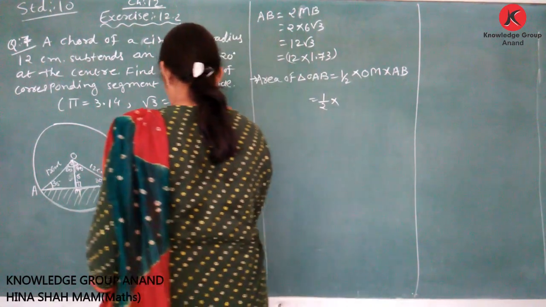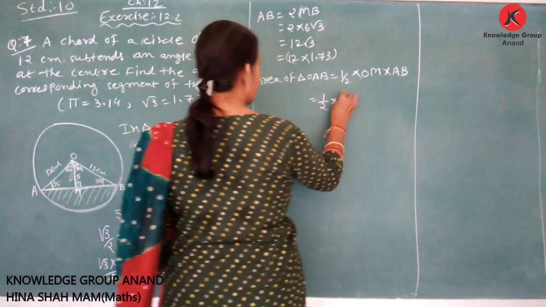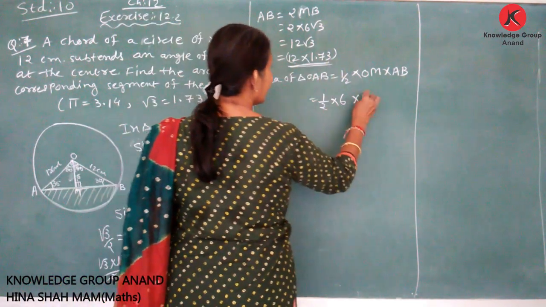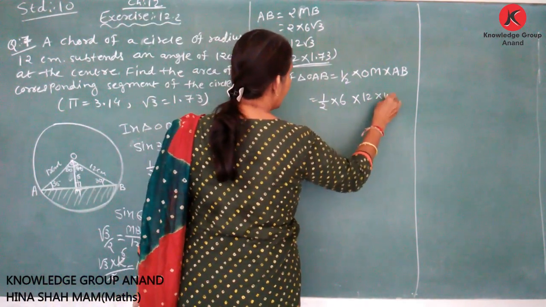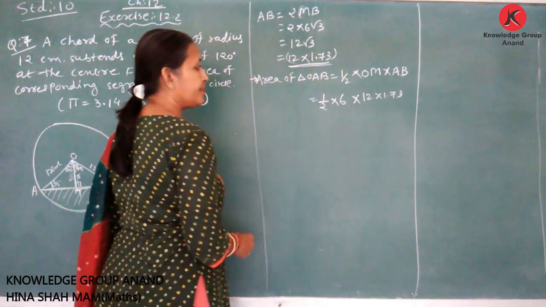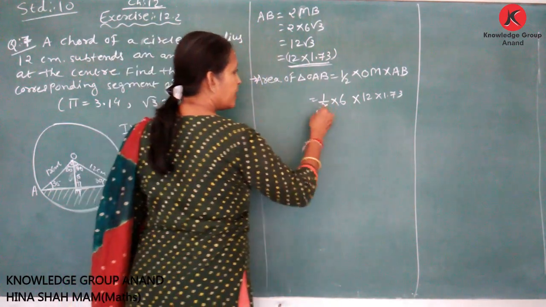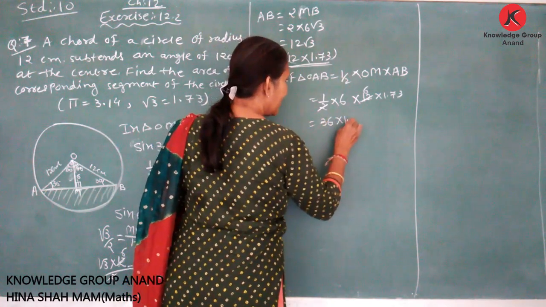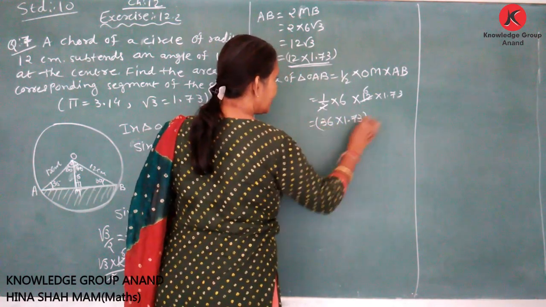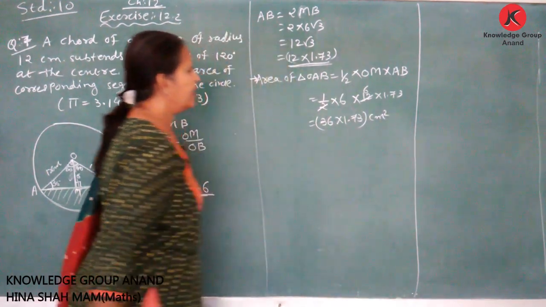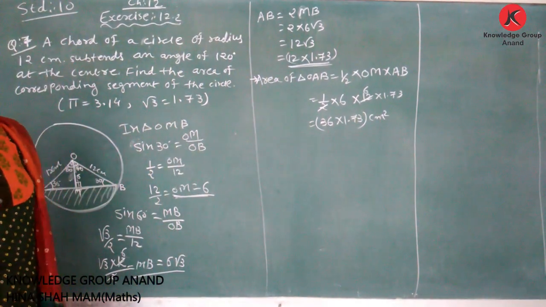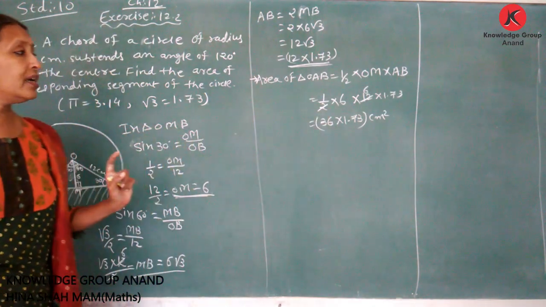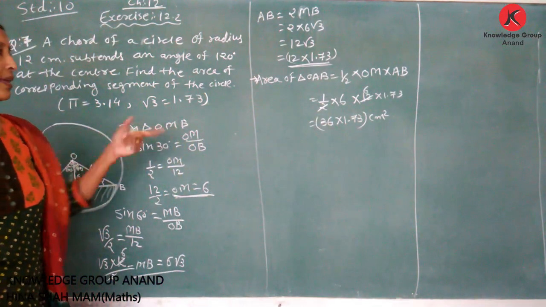OM is equal to 6. And AB is equal to 12 into 1.73. 2, 6 are 36 multiplied by 1.73 centimeter square. We find here area of triangle. Otherwise, we write 36 root 3 centimeter square. Then put value.